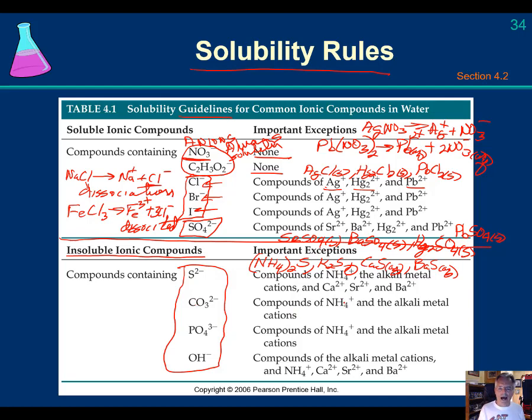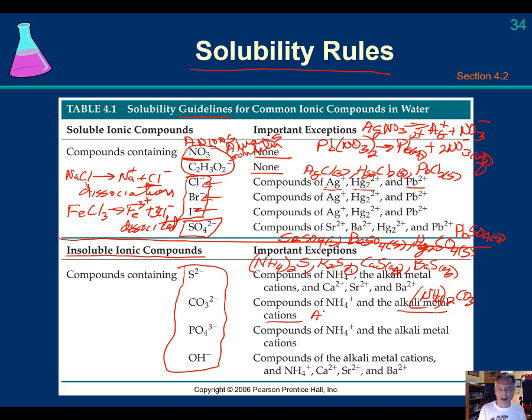Carbonates. Ammonium cation with carbonate, so that would look like NH4, got to put parentheses around it, carbonate. That's going to be a strong electrolyte. It can never be a driving force. And that's true for the alkali metals. We're going to learn that.